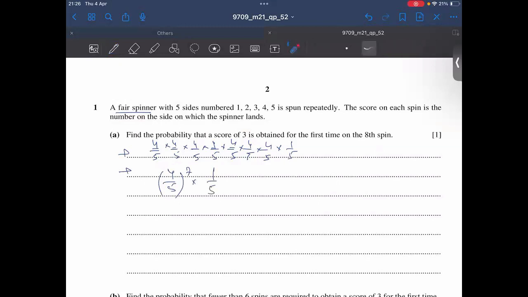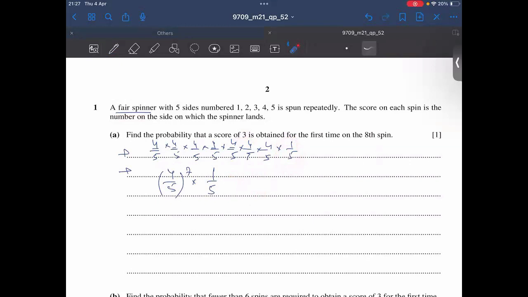Now, I won't be writing down 8 factorial upon 7 factorial, Mr. Imad Ahmed. The reason is that it's not saying that the score of 3 is obtained once in 8 spins.